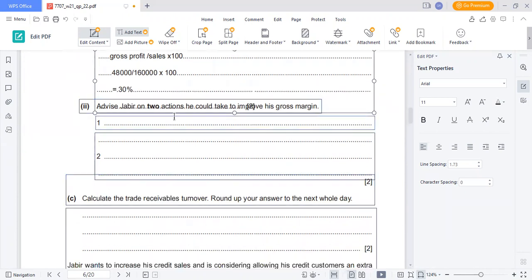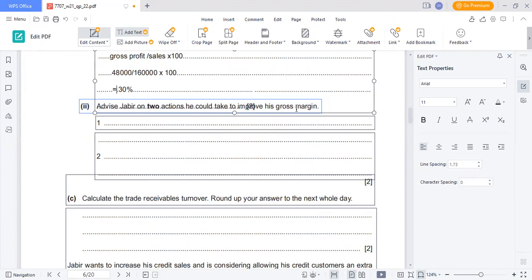Okay. So advise Jabir on 2 actions he could take to improve his gross profit margin. How can he improve his gross profit margin? First of all, if he increases the selling price or reduces trade discount to customers, his sales revenue will increase and gross profit will also increase.